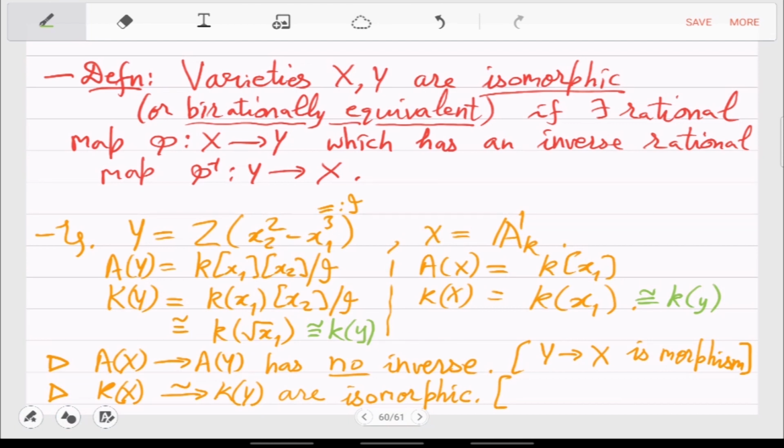So what this means is that the rational map exists both ways. So Y to X is an isomorphism. Is that wrong? The map from K_Y to K_X, that is, you just take.